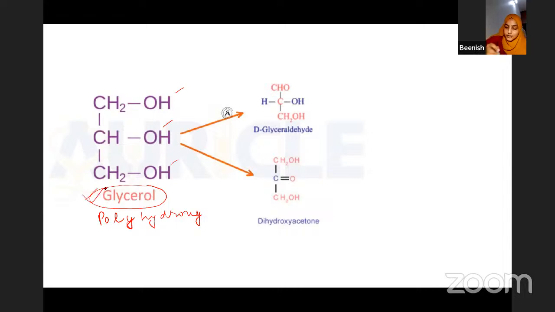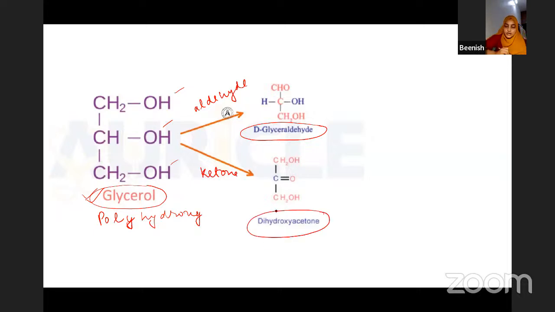Now its aldehyde derivative is glyceraldehyde and its ketone derivative is dihydroxyacetone. You can see in glyceraldehyde, this aldehyde group is present here. This hydroxyl has been replaced by this aldehyde group. So the aldehydic derivative of glycerol is your glyceraldehyde. And here you can see in dihydroxyacetone, this ketone group. Okay. So the ketonic derivative of glycerol is your dihydroxyacetone.